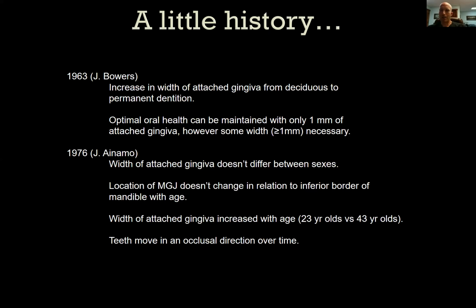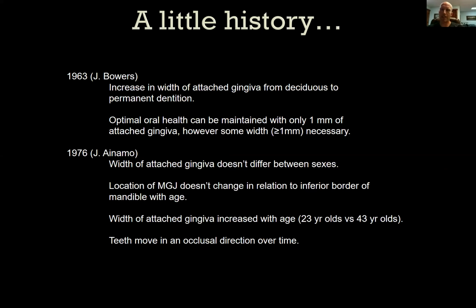Gerald Bowers is one of the great minds, one of the great periodontists in our history, and is well known for many studies that he's done. In 1963, he specifically did some research on the width of attached gingiva. We have keratinized gingiva, and within that keratinized gingiva, we have attached gingiva.